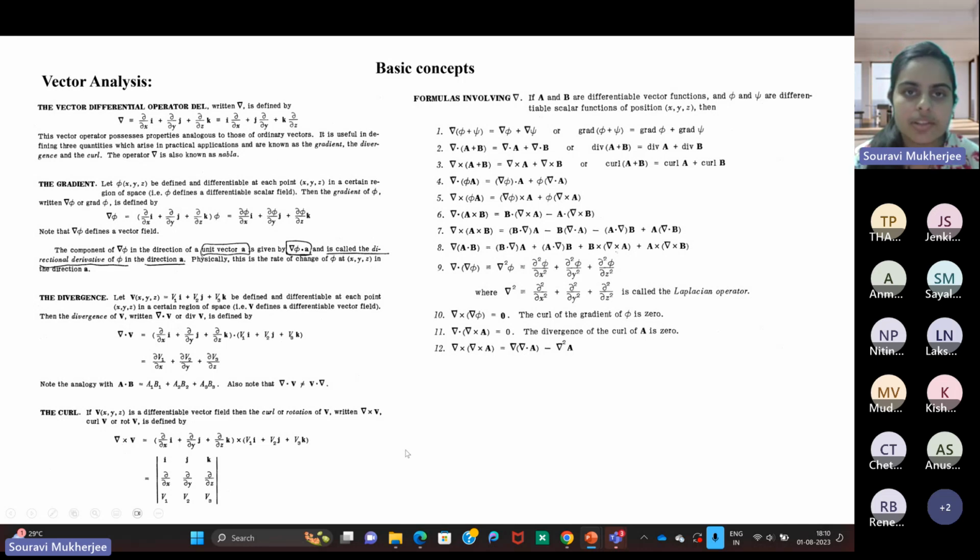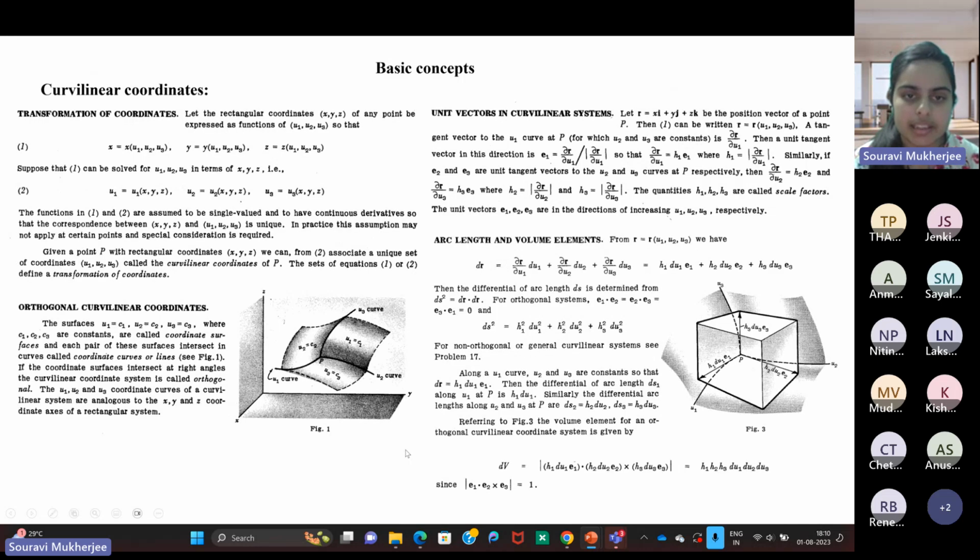Okay, so now let's move to curvilinear coordinates. This is very important, and as far as I've seen for this week, this was one of the important sections to be covered. Suppose you have a rectangular coordinate system, and you have defined a vector by the coordinates x, y, and z.